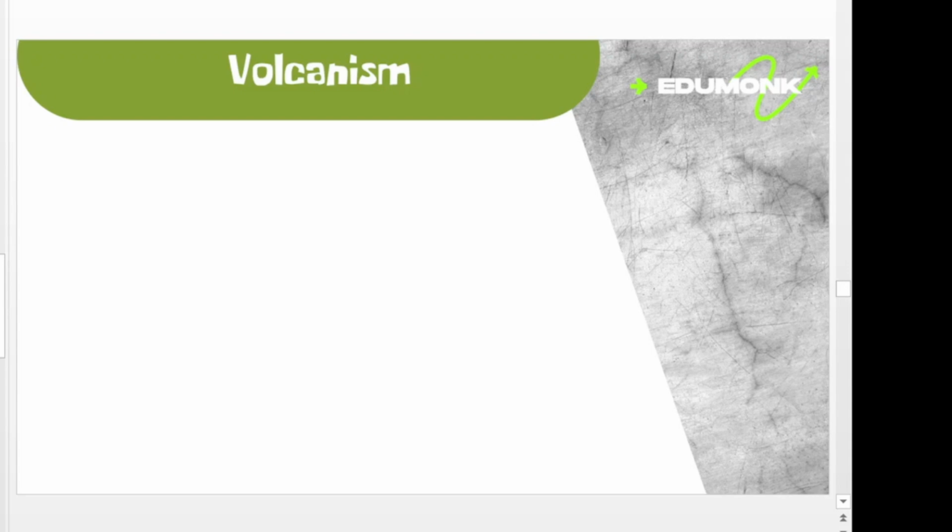The volcanoes can be classified into three based on three things. First thing is on the basis of intensity of eruption. Second thing is the basis of nature of eruption.